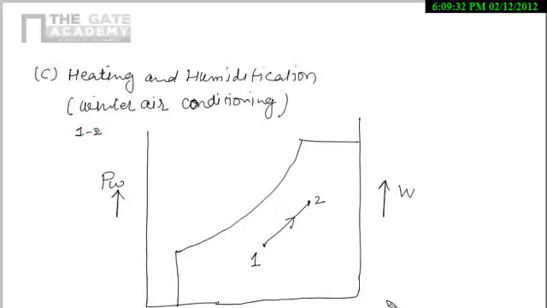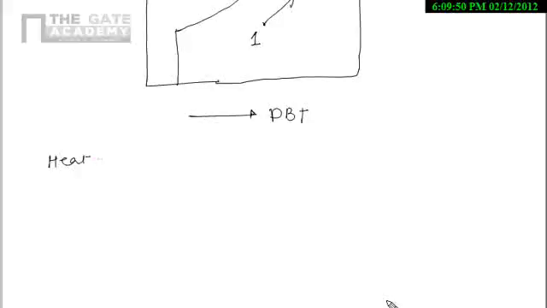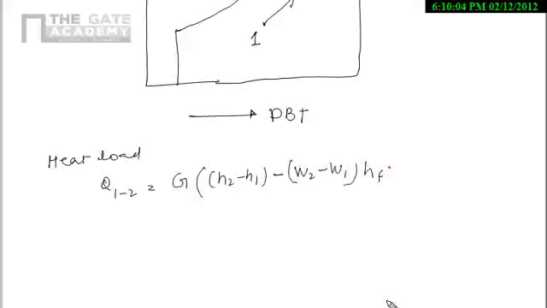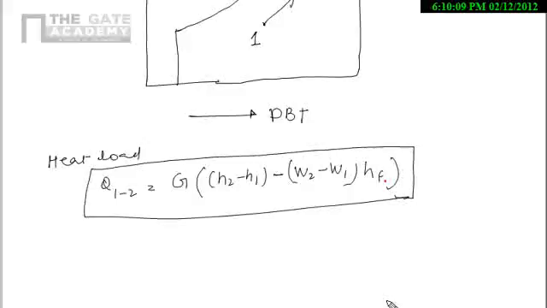So 1 to 2 is nothing but heating plus humidification. Now for heating and humidification also we can write the formula for heat load. Q12 = G[(H2 minus H1) minus (W2 minus W1) HF]. By this formula we can easily calculate the heat load.